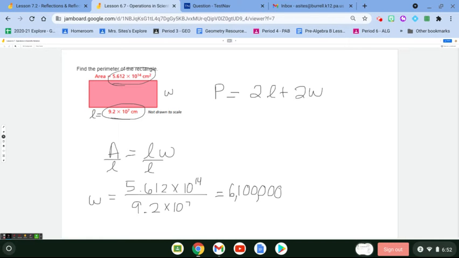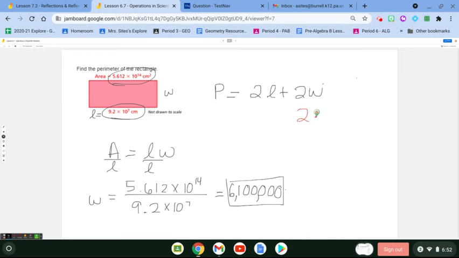I'm going to use that to help me calculate my perimeter, which is what I ultimately need to find. So I'm going to take that answer of 6,100,000 and plug that in for my width into this perimeter formula. Okay, so right now I'm going to do 2 times my width, because that's what the formula tells me to do.